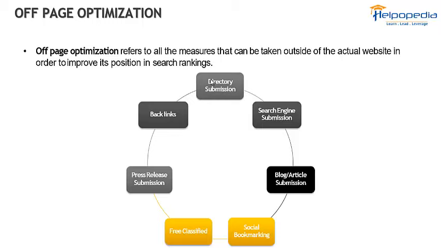People feel proud about purchasing products from Amazon, and they promote it by word of mouth. This is how content spreads online also. People will refer each other, and more and more people will come to our website. So that is the power of off-page optimization.